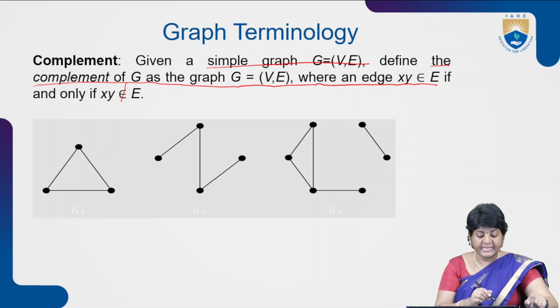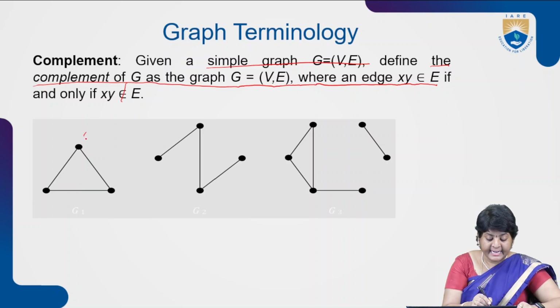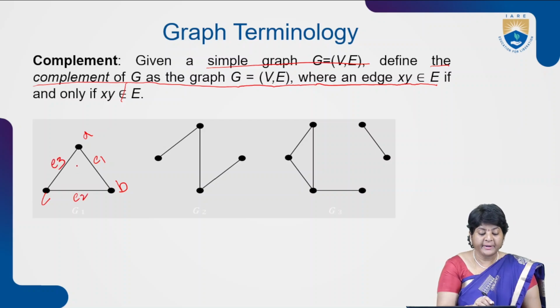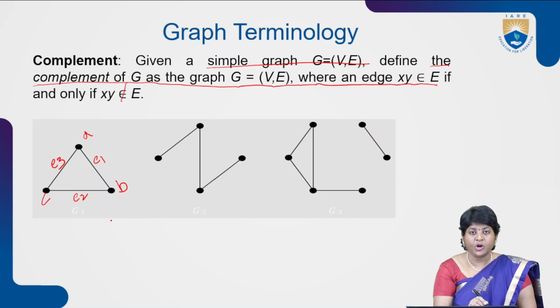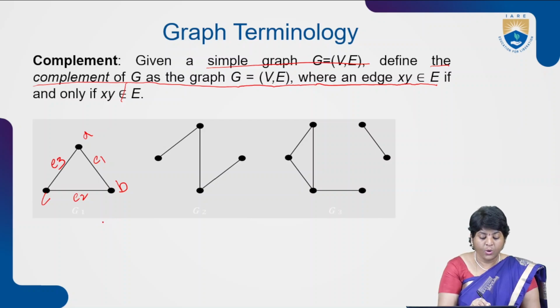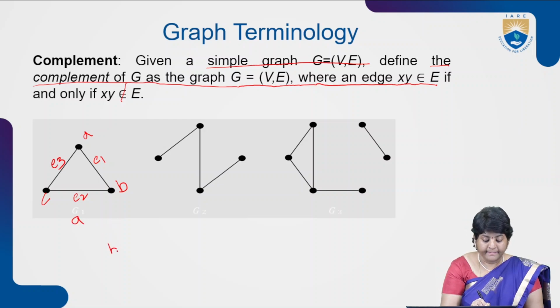That is, please look here. This is a graph with vertices A, B, C with edges E1, E2, E3. So now the complement of this graph is, according to the definition, wherever the connecting edge is established, we need to remove that edge connection. So that is the complement of the given graph. Now A, B, C, 3 vertices are there.